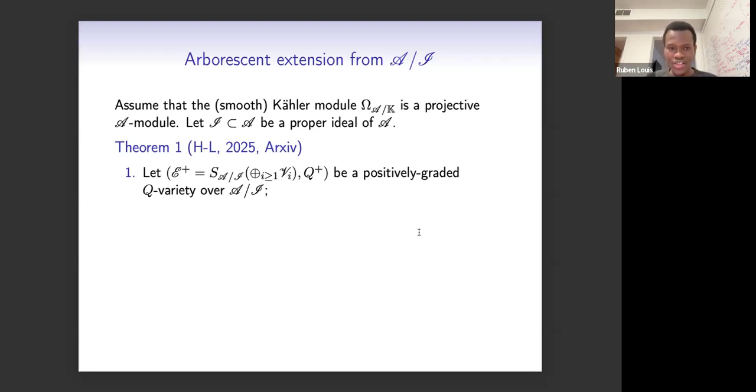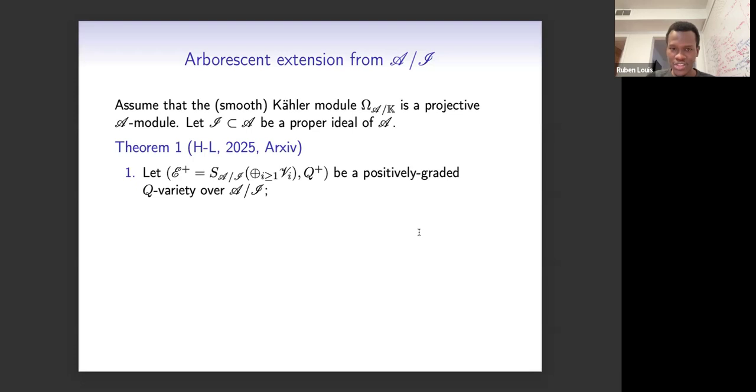Sometimes we need to construct a structure over A, and for that we need to extend derivations on A from modulo the ideal to A. In order to do that, we need to use the projectivity of the Kähler differentials. That's why we added this assumption here, which is true in the case of smooth manifolds, for example.